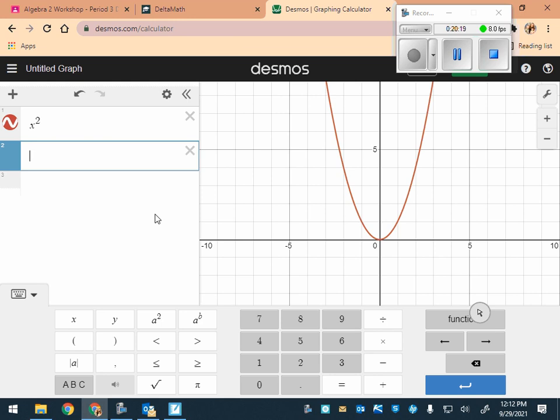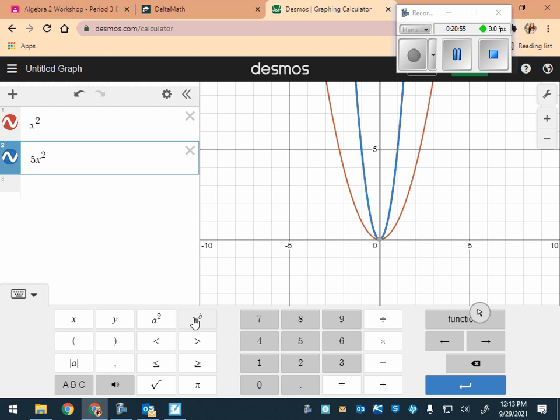Keep your first one as the parent function and see how these graphs change. If I wanted to do 5x squared, do different numbers in front of x squared and see if you can figure out what is going on. How are the graphs changing?